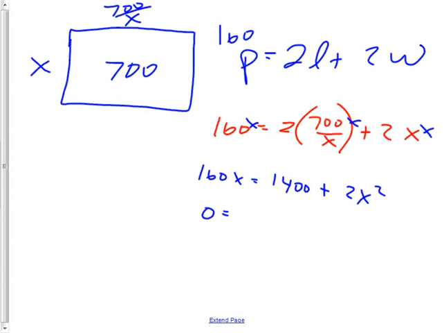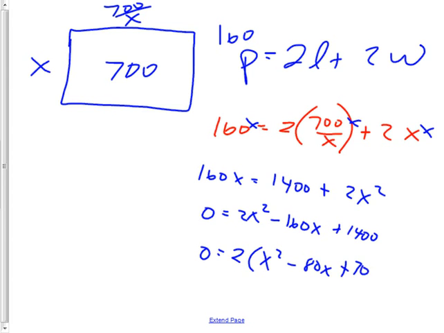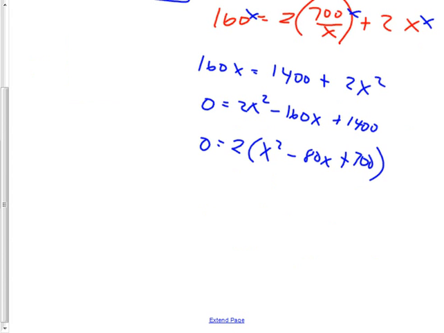Good. Good, it's working. You're in negative, what?